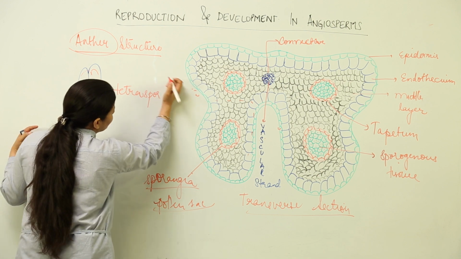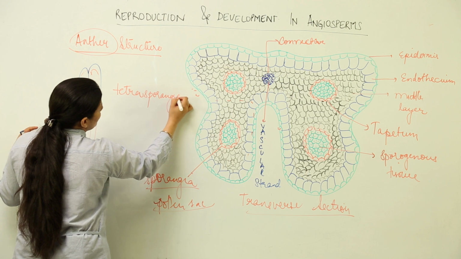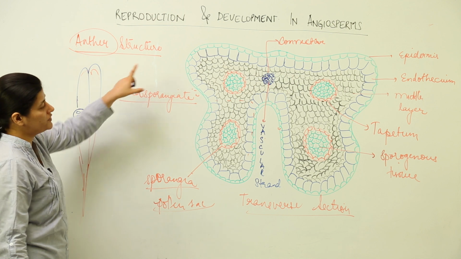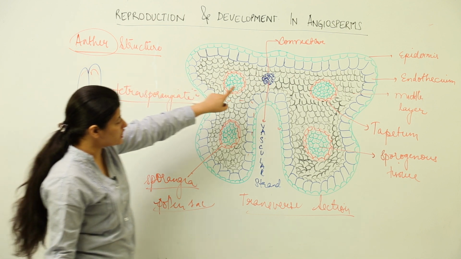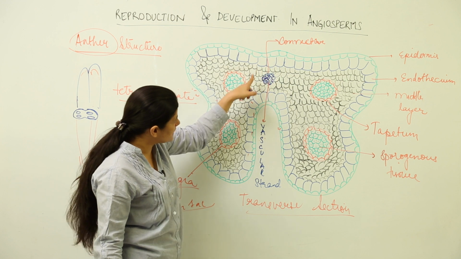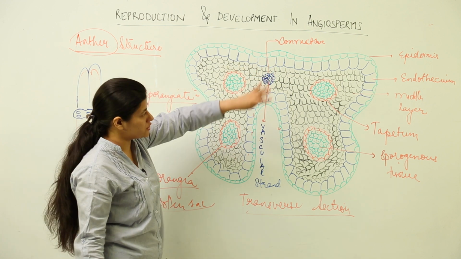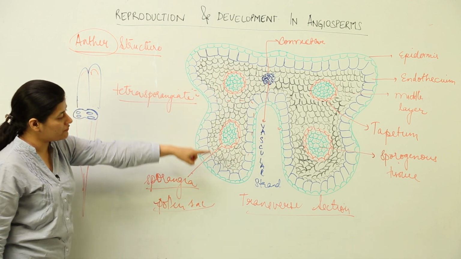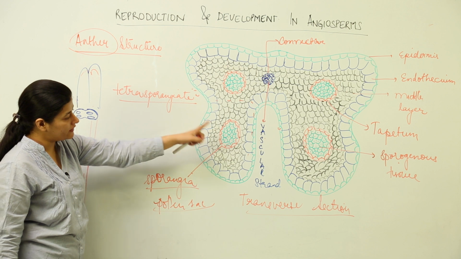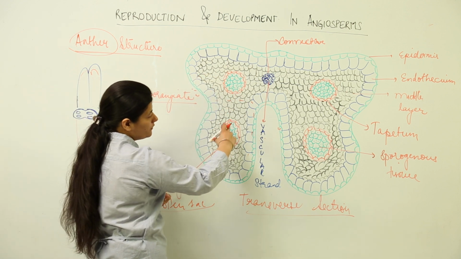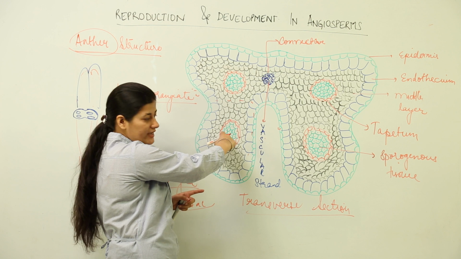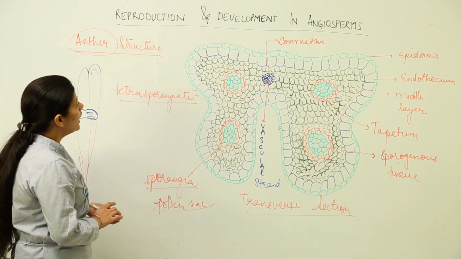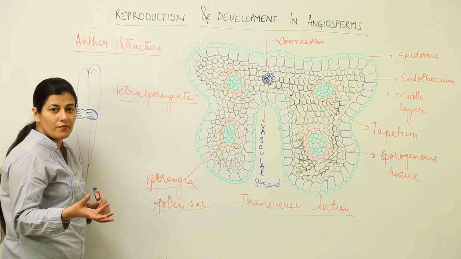It is a bilobed tetrasporangiate anther which has a vascular strand in the connective that connects the two lobes at the back. This is the connective vascular strand. We see its transverse section. Inside each sporangium lies the sporogenous tissue. This sporogenous tissue would later on undergo meiosis and form the pollen grains.